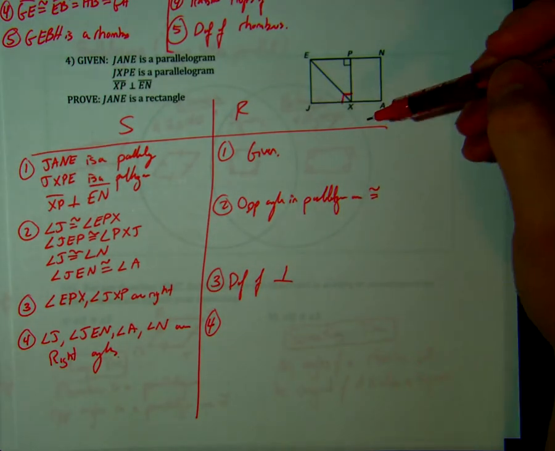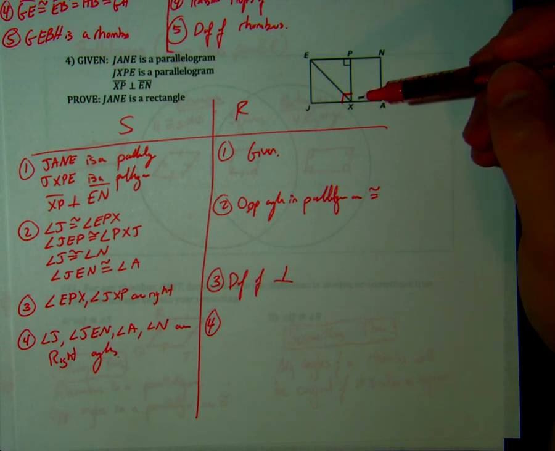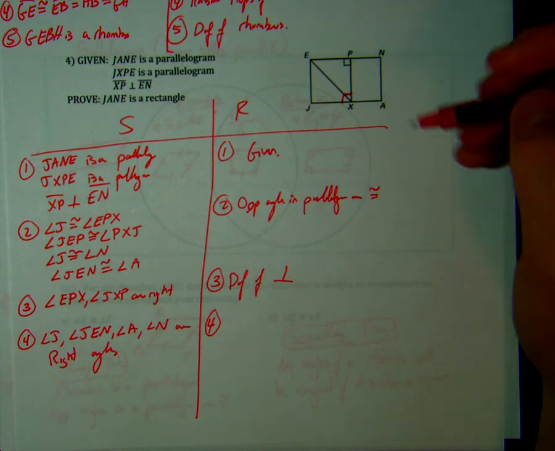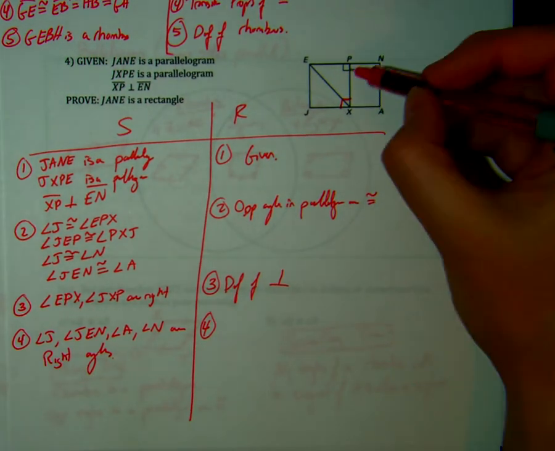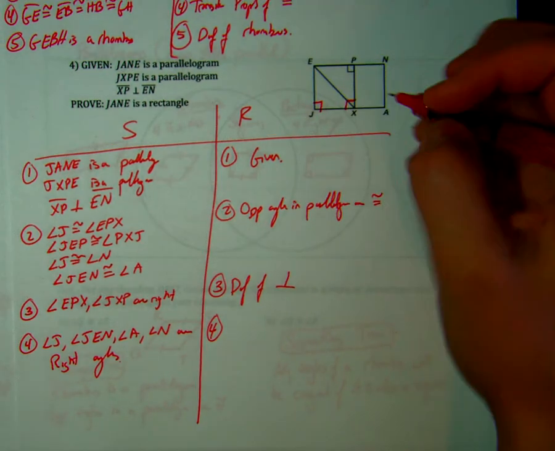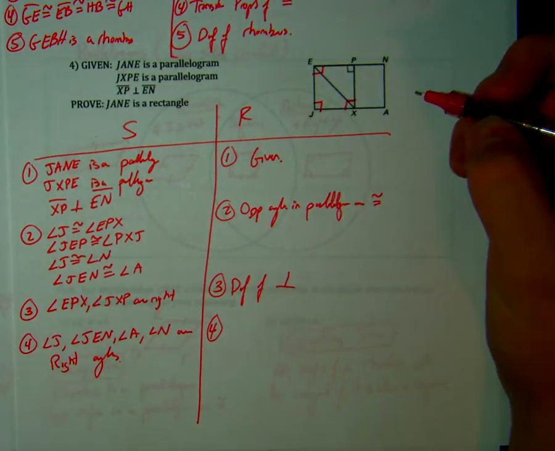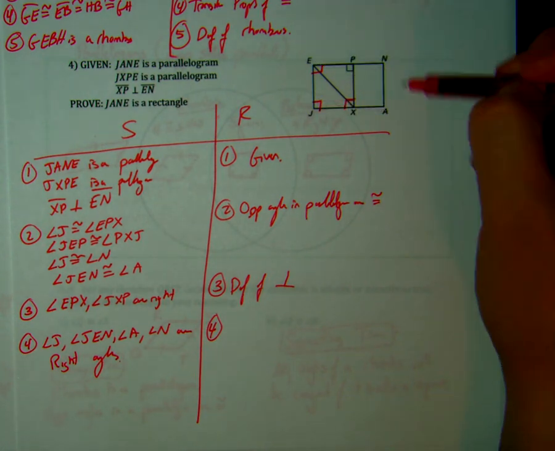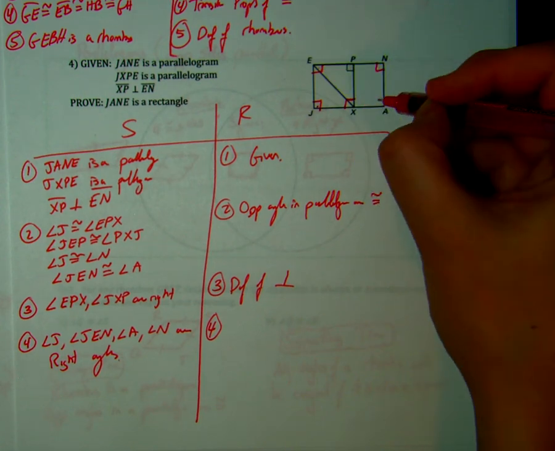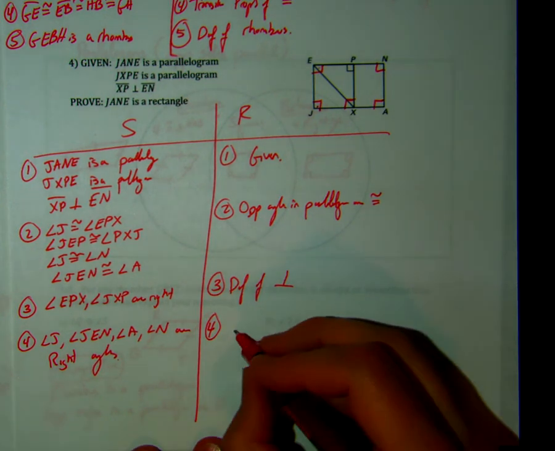It's really the definition of right angles being 90 degrees, the definition of congruence being that the angle measurements are equal, and the transitive property of all that 90-degree angle stuff. So looking at this picture, because angle P is 90 degrees, the opposite angle in this parallelogram, J, is 90 degrees. Because this angle at X is 90 degrees, the opposite angle up here at E is 90 degrees. And because JANE is a parallelogram, this angle is congruent with this angle is congruent with that angle. So this is really a mix of transitive property. I'll just put transitive property.